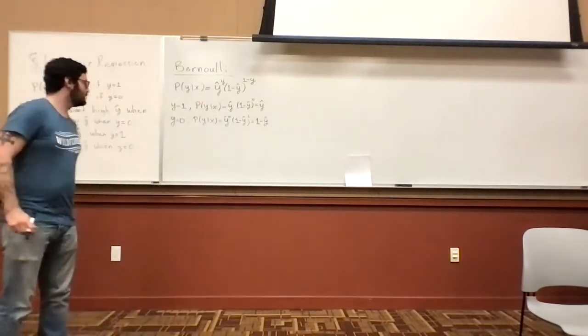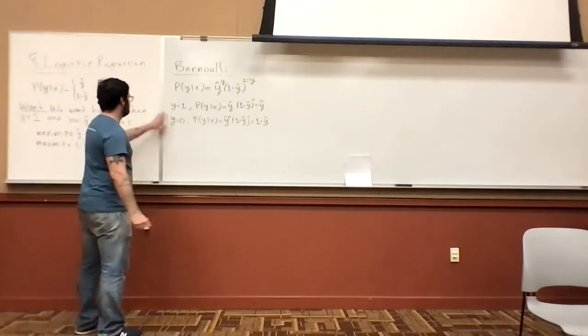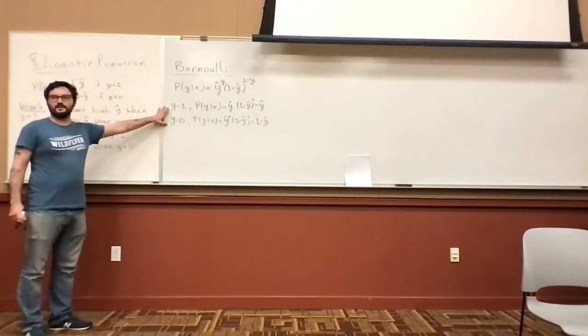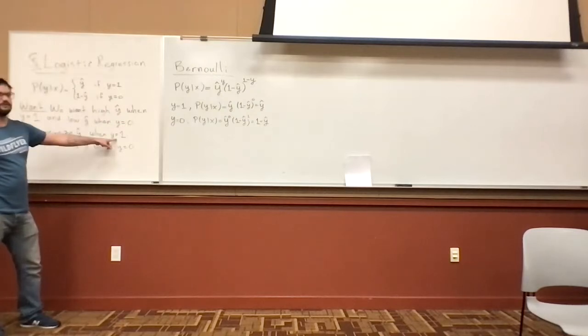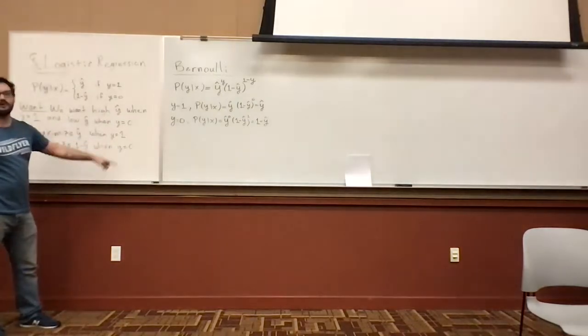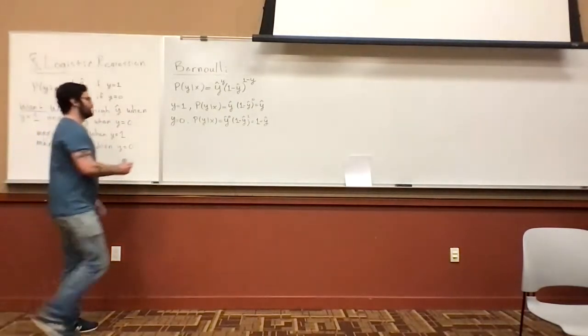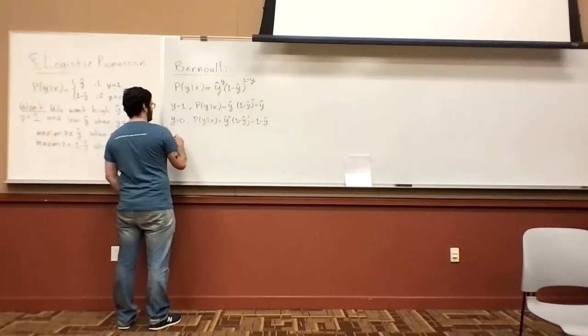So this notion now looks like this. We have y hat when y is equal to 1, and 1 minus y hat when y is equal to 0. So what do we want? We want to maximize this.